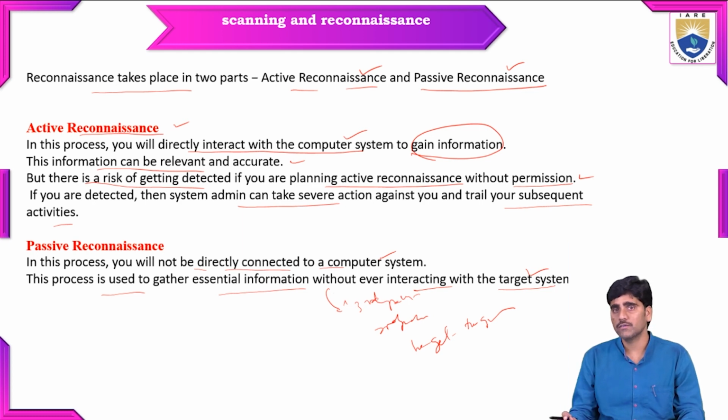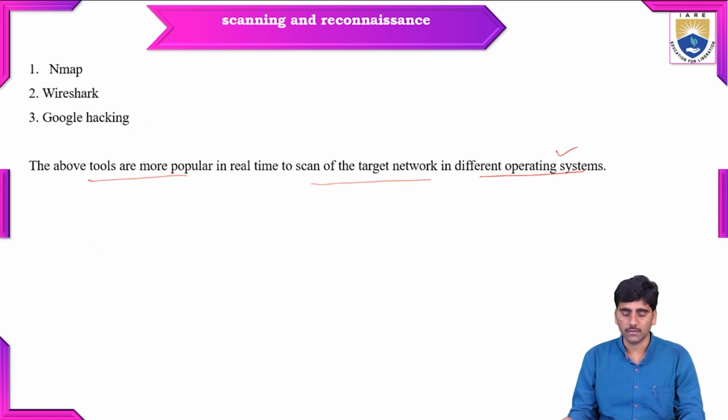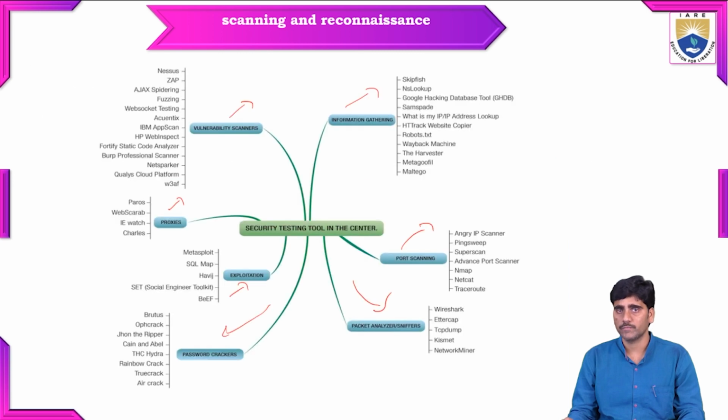Active reconnaissance directly interacts with the system to gain information, but passive reconnaissance is indirectly connected with the computer system and never interacts directly. Nmap, Wireshark, and Google Hacking are popular tools for target scanning.